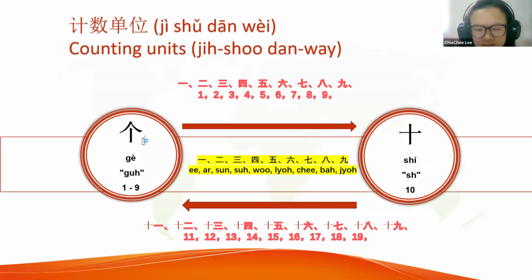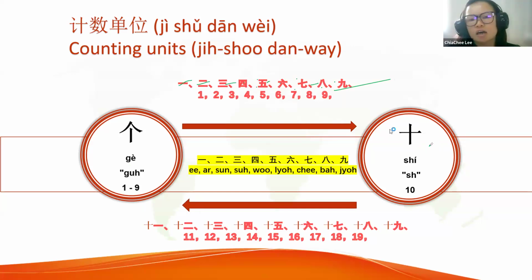We calculate from one place, 个位数, then follow to 十位数. The difference is 1 digit and 2 digits. In Mandarin, 个位数 is single digit, and 十位数 is 2 digits.